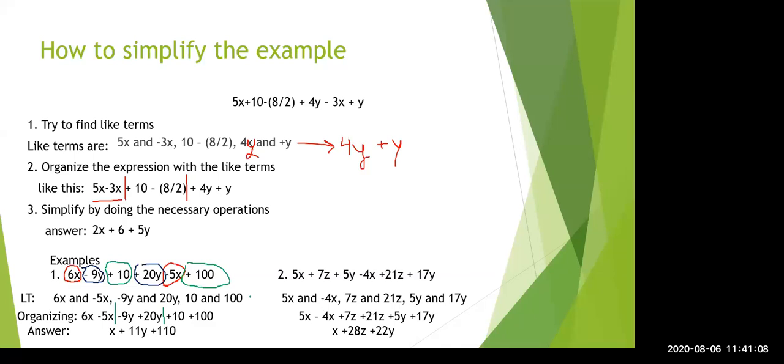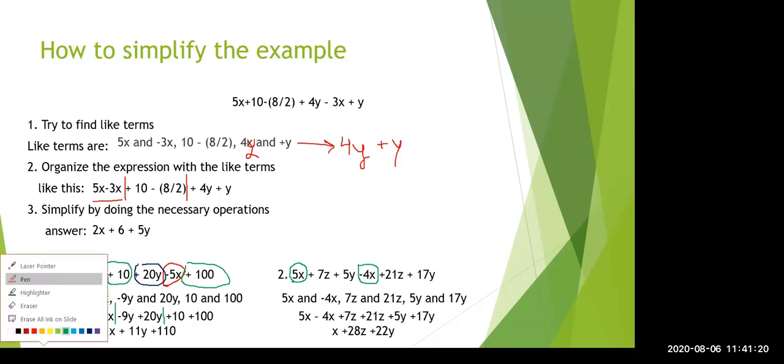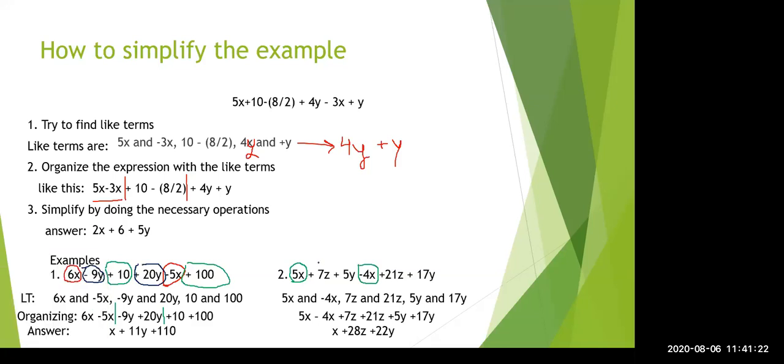Now in this example, I'm going to label the like terms again. The x's will be green, so 5x and negative 4x. For purple, you'll have z, so 7z plus 21z. And for red, you'll have 5y plus 17y. So first, you find the like terms: 5x and negative 4x, 7z and 21z, 5y and 17y.